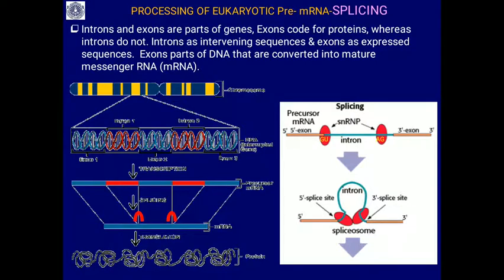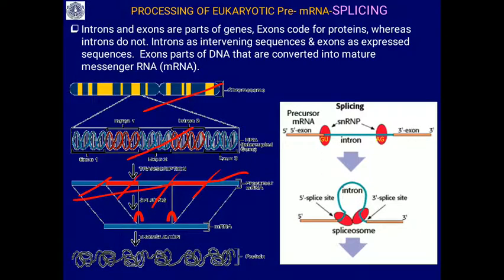Introns and exons are part of the gene. You will see this is the chromosome, and the gene occurs like that. Likewise it gets transcribed, or copied, into the mRNA, so you will find exons and introns. Introns are intervening sequences and exons are expressed sequences; remember it like that: IN for intervening sequence.